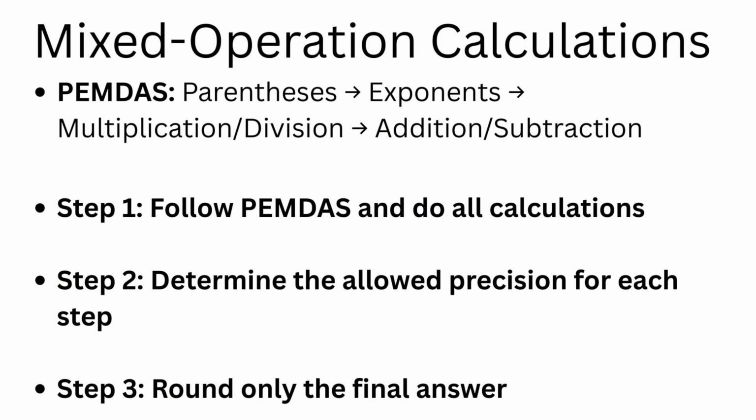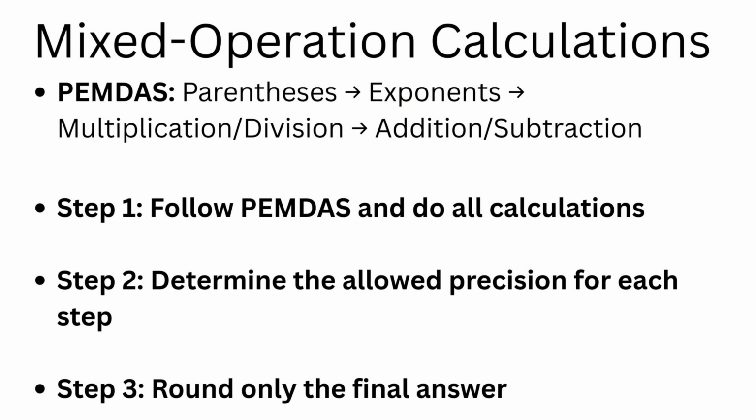So one thing to consider, even though you know the precision of each step, do not round yet. This prevents accumulation of rounding errors. And that leads to step number 3. Round only the final answer after all steps are complete.